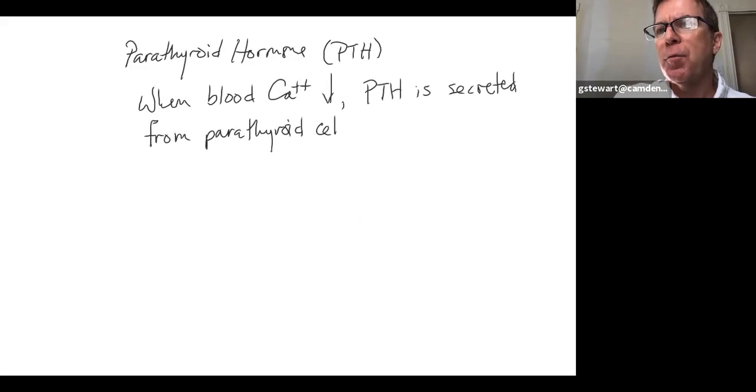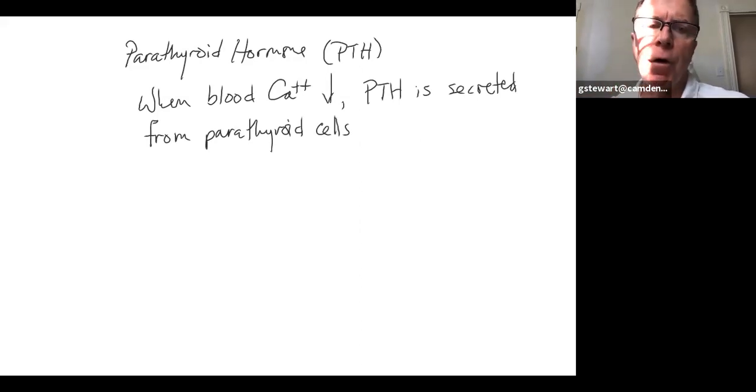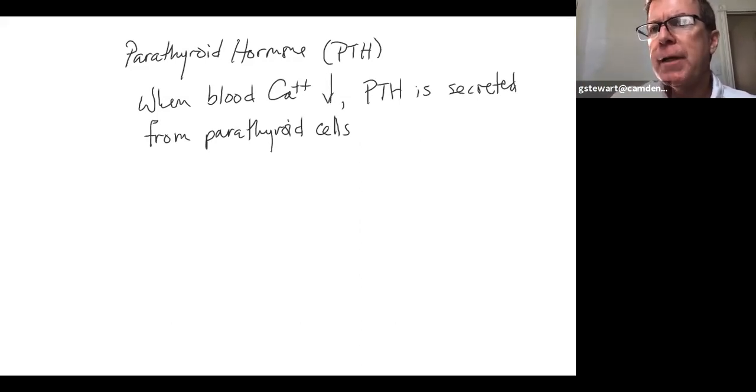We have more than one parathyroid gland. Most people have 4. It varies from individual to individual, but by and large, most of the population has 4 of these parathyroid glands. When that PTH is secreted, it raises blood calcium levels in 3 ways.